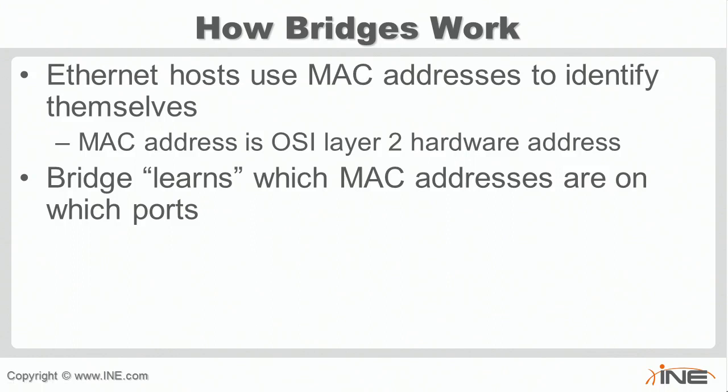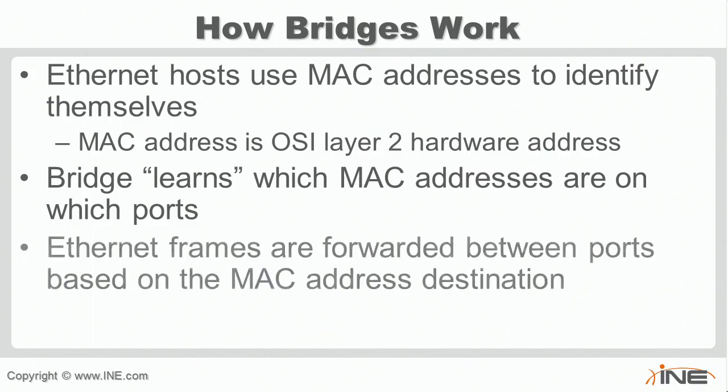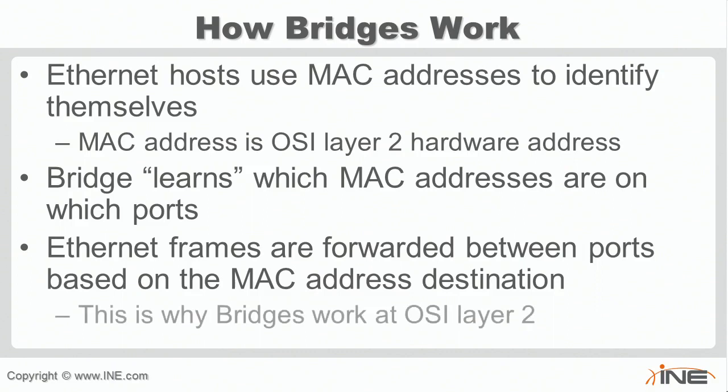So it needs to learn which MAC addresses are connected to which individual ports. Now once it does this, when traffic is trying to be sent, it is then going to choose which port I send it on based on the destination MAC address. And this is the reason why we say that a bridge works at layer 2 of the OSI model.